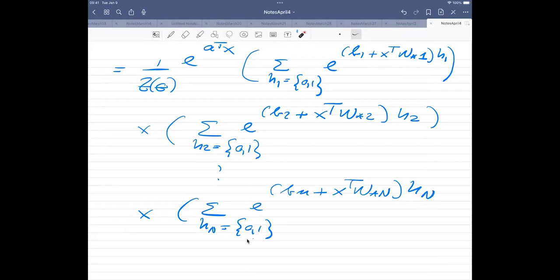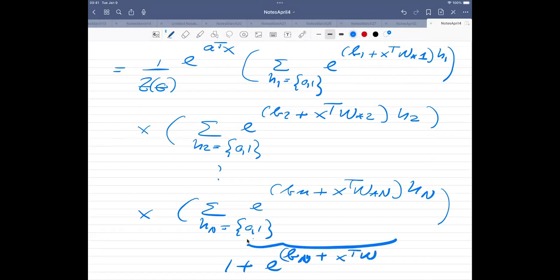You can quickly see that what this gives us, if you look at this term here, is E to the B of N, 1 plus E to the B of N plus X, sorry, E to the B of N, it should be written like this. So this is the argument, and then I have X transpose multiplied with the matrix W, but where I keep column N here.